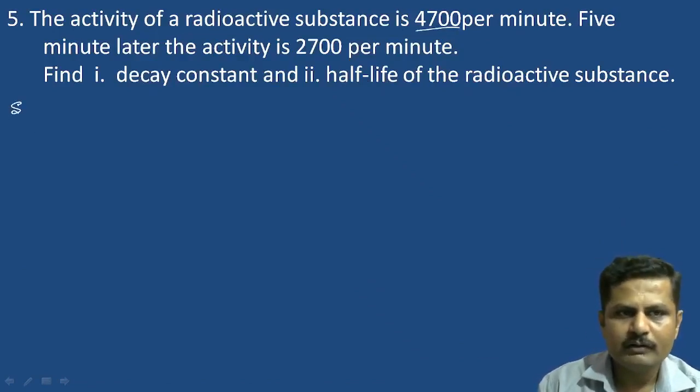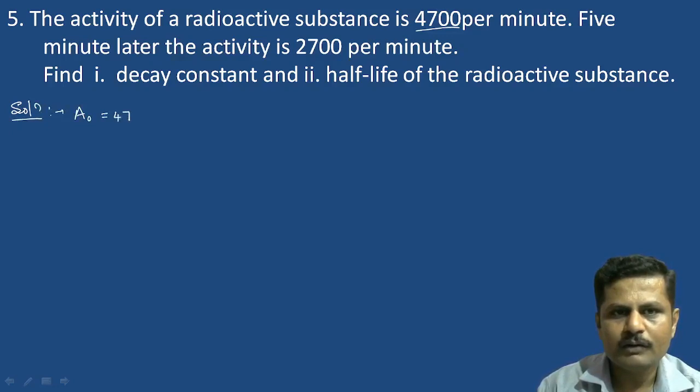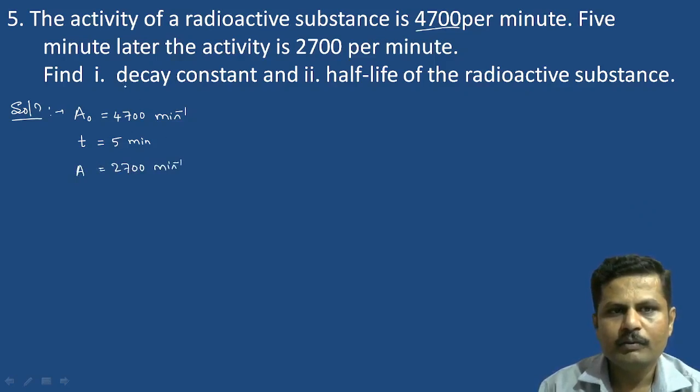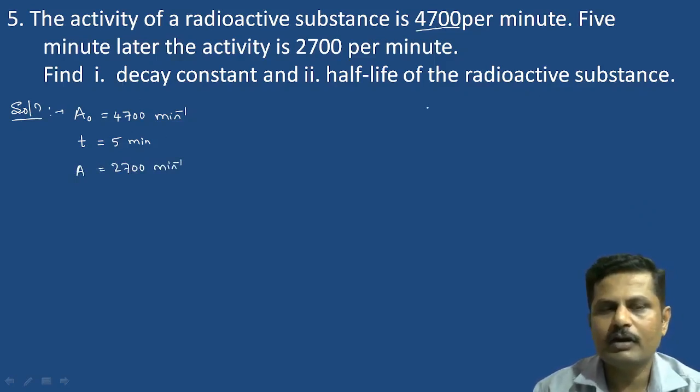That is, the initial activity of the radioactive substance, A naught, equals 4700 per minute. 5 minutes later, that is after time t, the activity is 2700 per minute. Now our aim is to find out the decay constant and half-life of the radioactive substance.